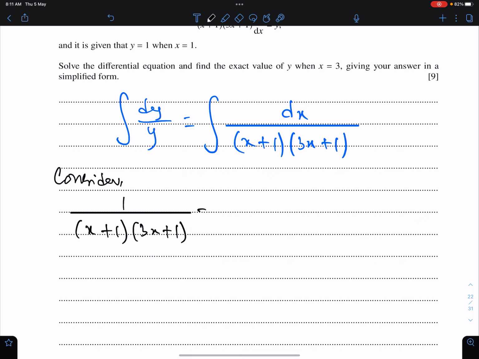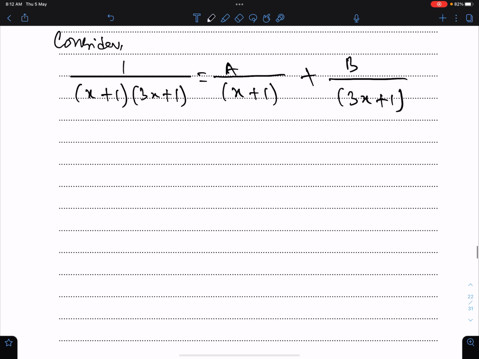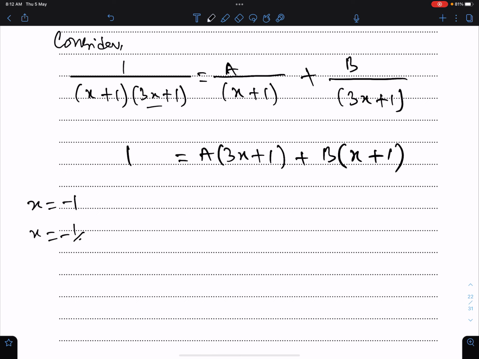The partial fraction of this fraction will be a upon x plus 1, b upon 3x plus 1. So we have a times (3x plus 1), plus b times (x plus 1). From here we have x equals negative 1, and from here we have x equals negative 1 upon 3. So by substituting these two values of x one by one into this equation, we can get the values of a and b.